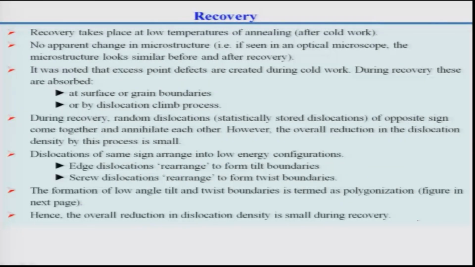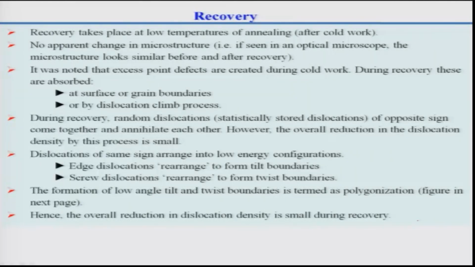But what will happen is that the excess point defects created during plastic deformation, cold working or warm working will be absorbed at the grain boundaries or at the surfaces, or even some defects like dislocations can be removed by climbing processes.